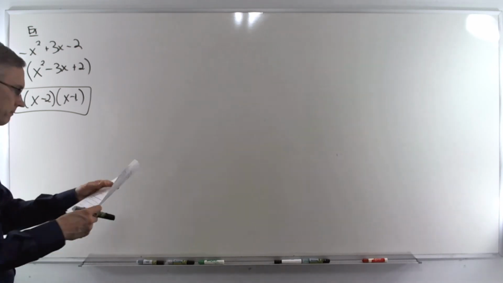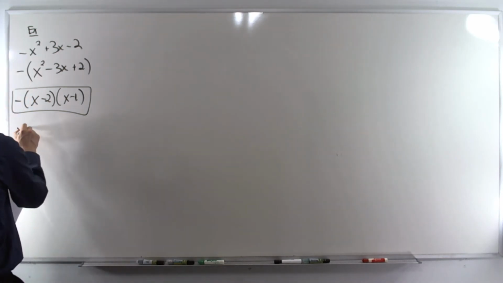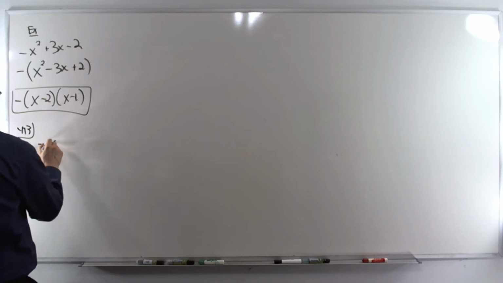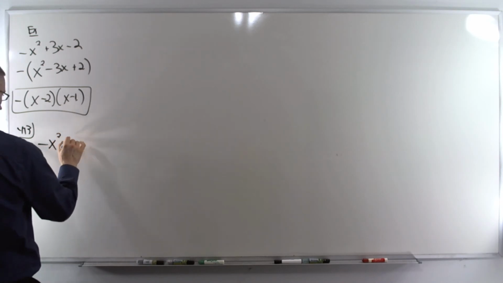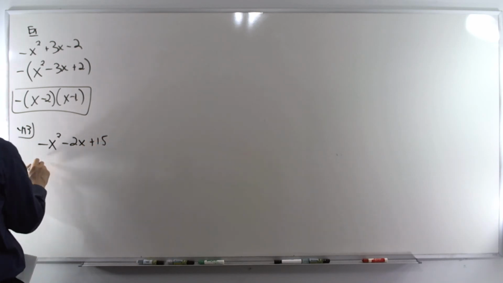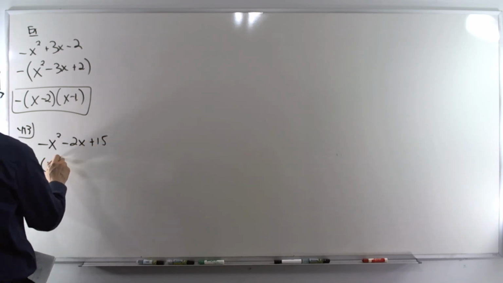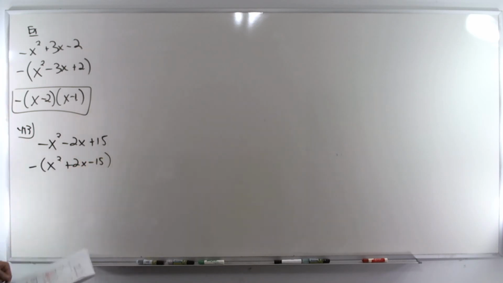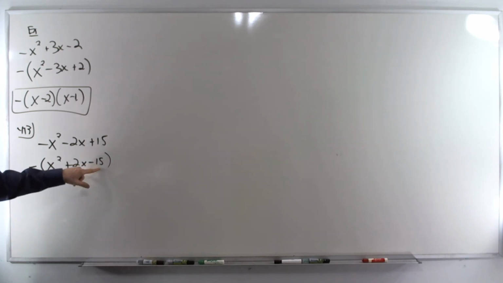Your turn, number 3. So factoring out a negative 1, it gives us x squared plus 2x minus 15. Now we need two numbers to multiply to get negative 15 and add to get positive 2.